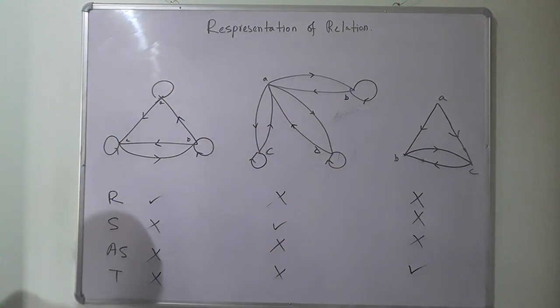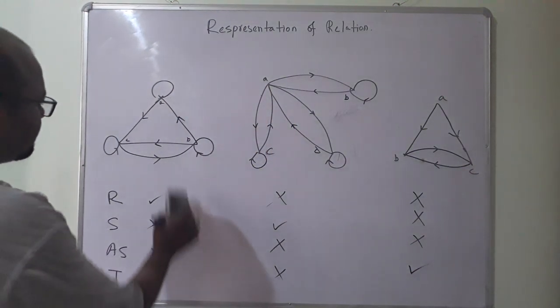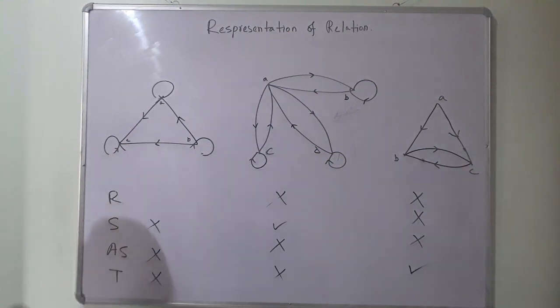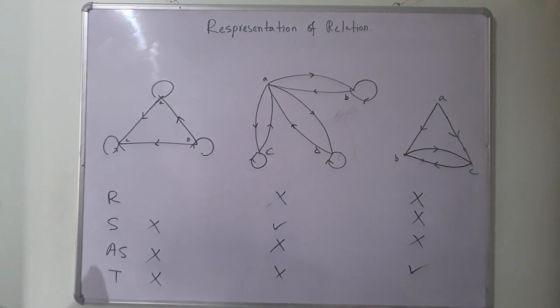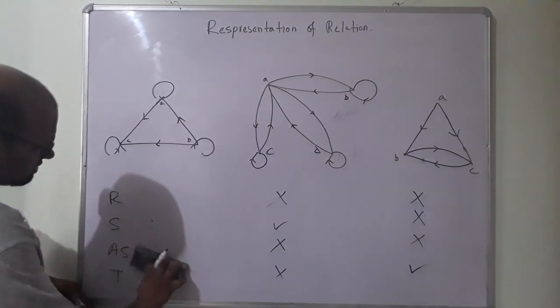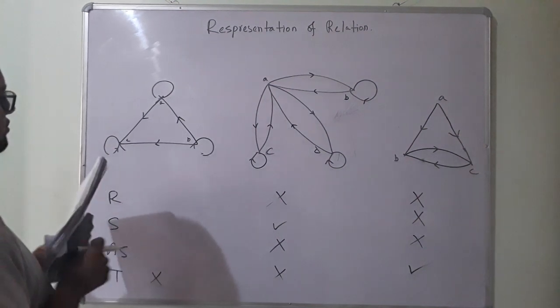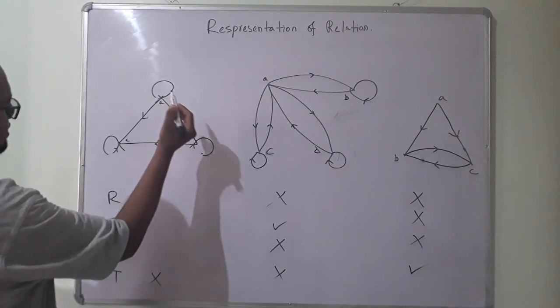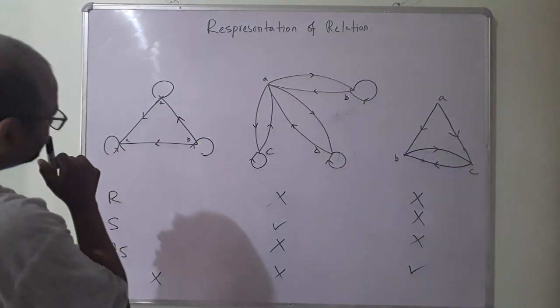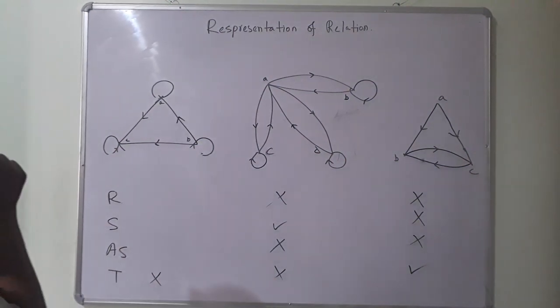Okay. Let me ask you a question. If I remove this edge, what will change? It will still be not transitive, right? Sorry, will it be transitive? Let us go ahead and see.